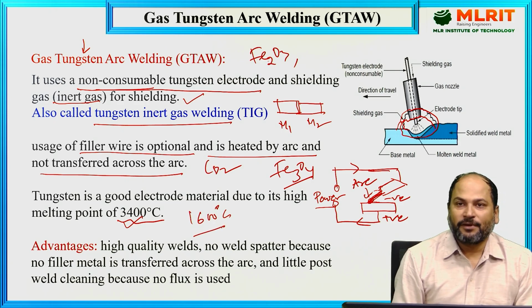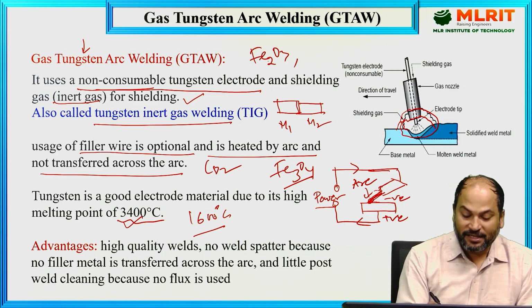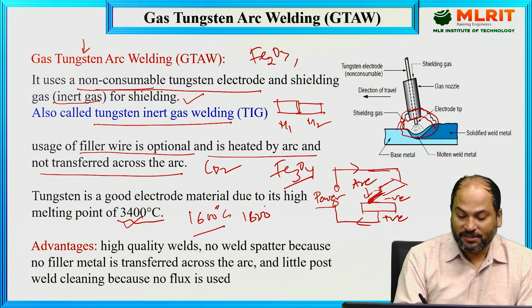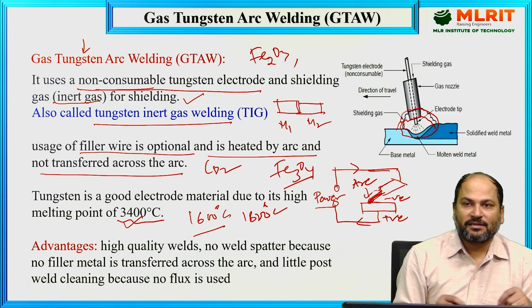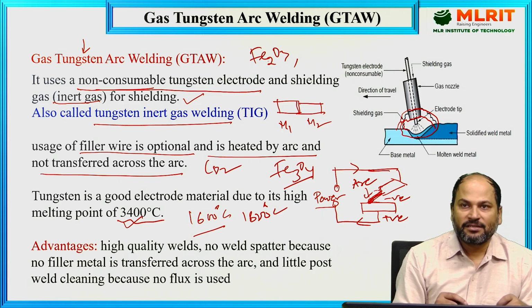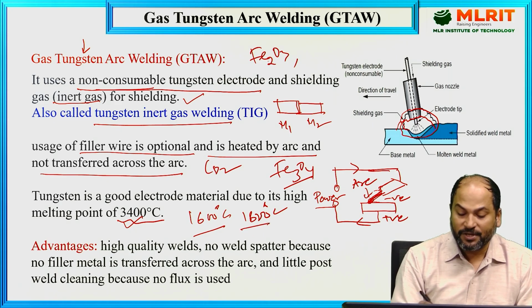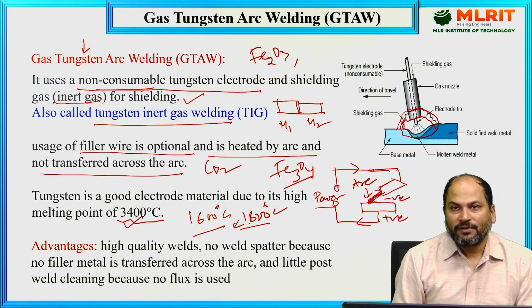So if we use an electrode with a melting temperature less than this, or even comparable to this, for example 1800 degrees centigrade, then there will be a problem. If during the welding a slight change or miscalculation occurs in the welding parameters, the temperature will rise and reach near this value, and the electrode will start to melt.